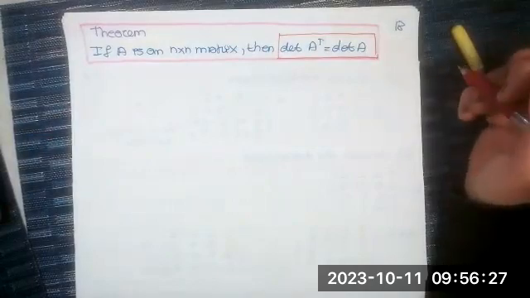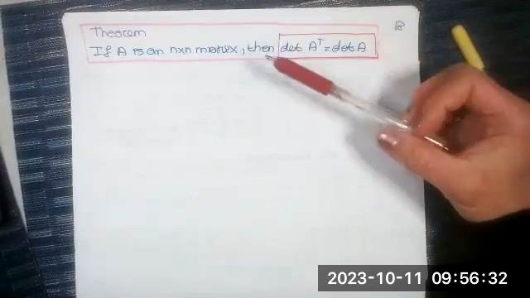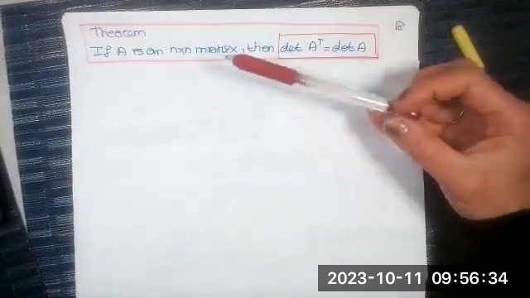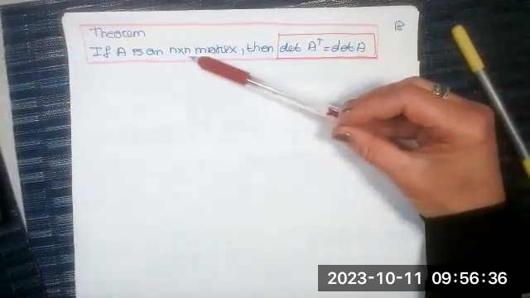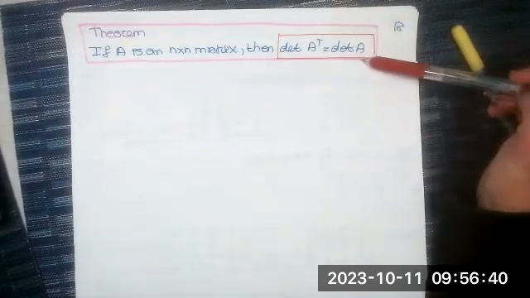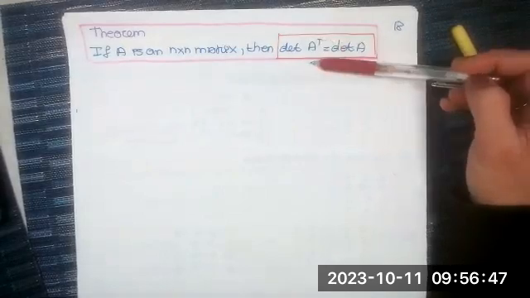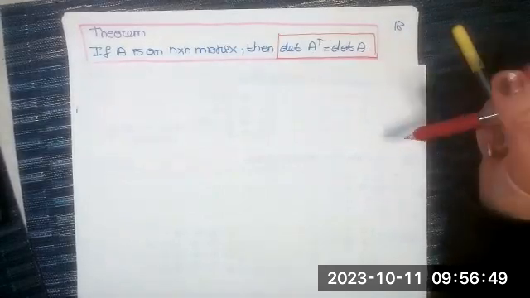But in terms of determinants, we have a theorem which we'll prove here real quick. Again, we're dealing only with square matrices, n by n. If I know the determinant of A, I can immediately know the determinant of A transpose because those will be equal. So the determinant of A transpose equals the determinant of A.